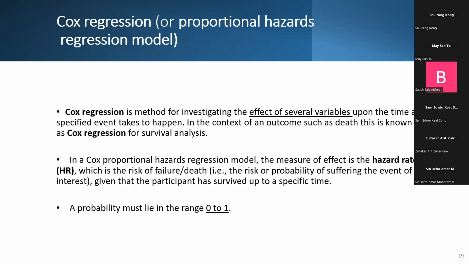If we don't talk about survival, then we call it a regression model. There is a little bit of difference between hazard ratio and regression or odds ratio. When we talk about hazard ratio, you have to deal with survival, with time duration, as well as factors, and how these factors affect survival. How many percentage of our ratio?